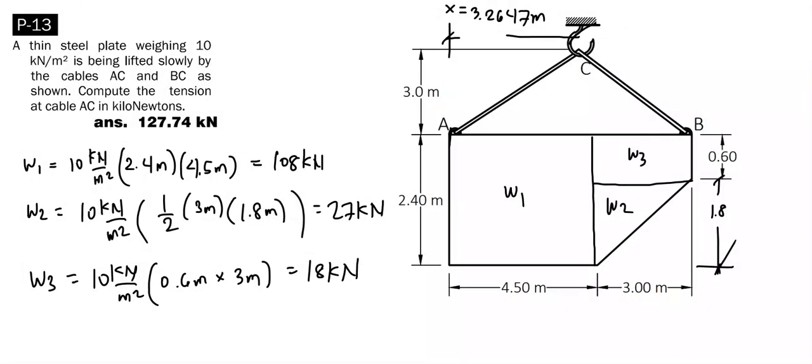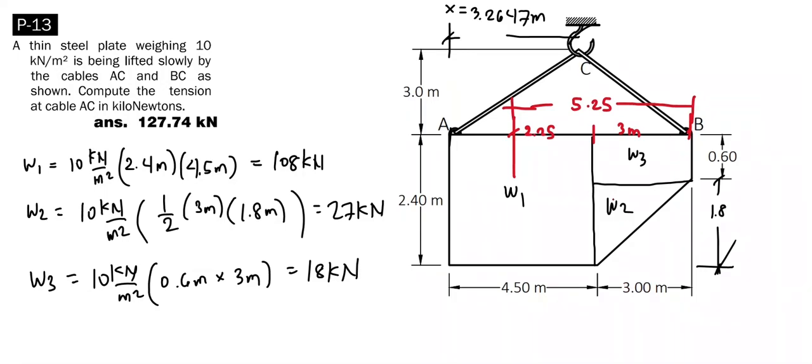Now let's locate the distances from the centroids to point B. For this rectangle, halfway of 4.5 is 2.25, plus this distance here of 3 meters. Therefore, the distance from the centroid of W sub 1 to point B is 5.25.